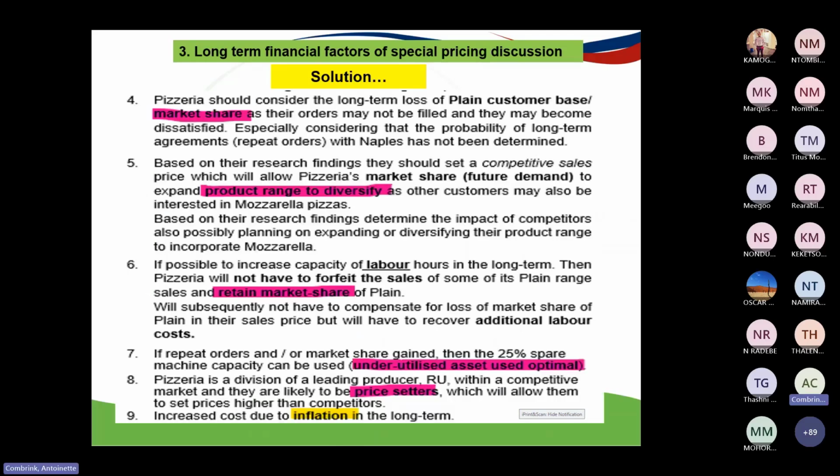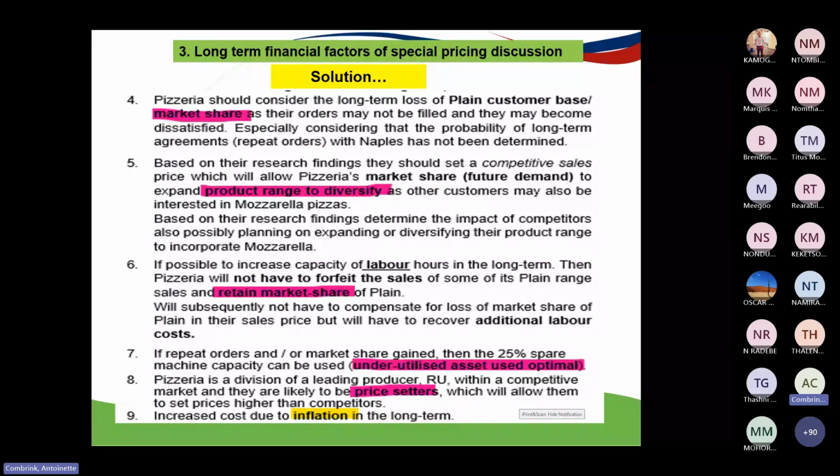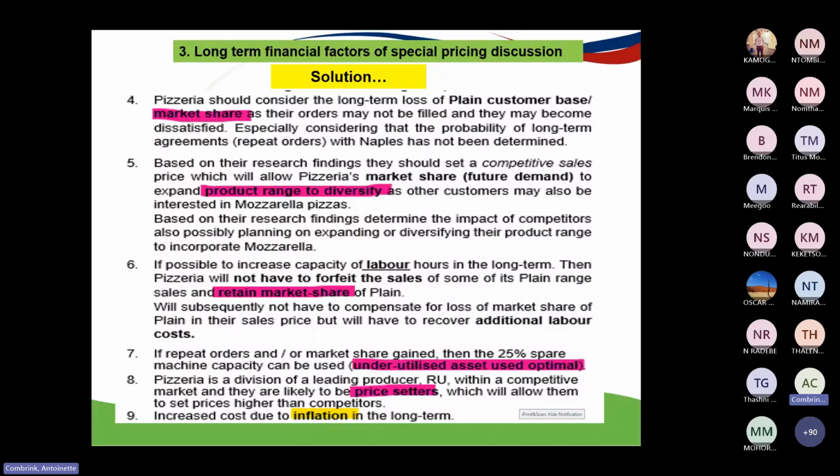And then something that you also need to consider is, in most cases, what is going to happen to your market share? Will other customers also be interested in buying this mozzarella pizza? Maybe you can extend your market share. Maybe you can diversify your product range. Maybe you're going to be able to utilize your assets better, because remember, for example, the machine had 25% spare capacity.